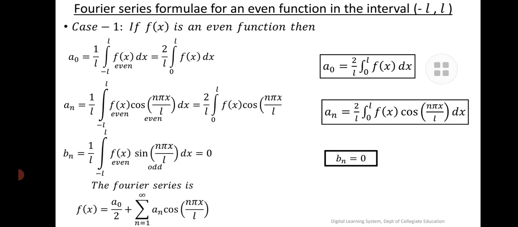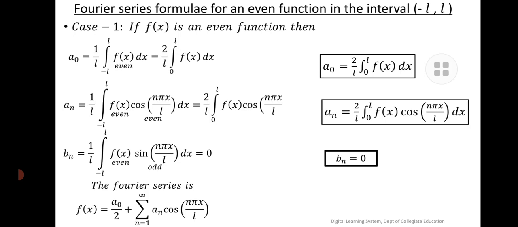For the even function, the a n value contains both f of x as well as cos, which are even. So the integral term of a n, which is 1 divided by L integral minus L to L f of x cos n pi x divided by L dx, is equal to 2 times 1 divided by L integral 0 to L f of x cos n pi x divided by L dx.